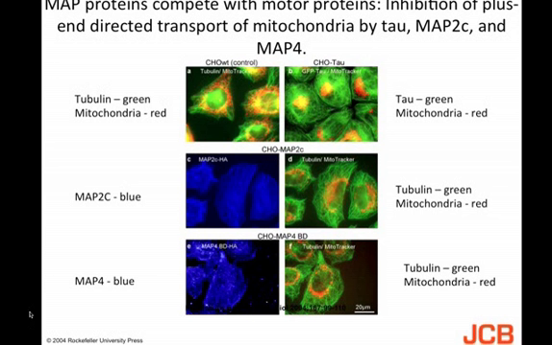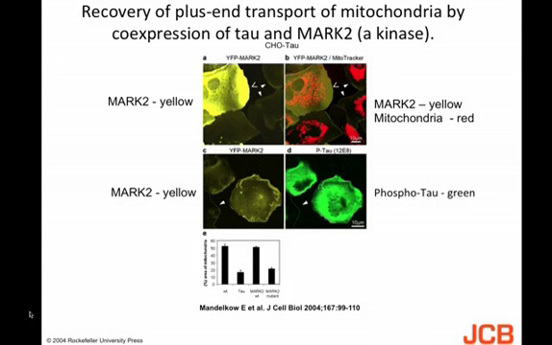Yep. And so the major point was that if you phosphorylate tau, compare like this in this corner cell here, which has the yellow, because they're merging the yellow and red here. So this cell got MARC2, but this cell down here didn't. And you can see the mitochondria are all over the cell when you have MARC2 there, but they're still stuck around the nucleus down here.